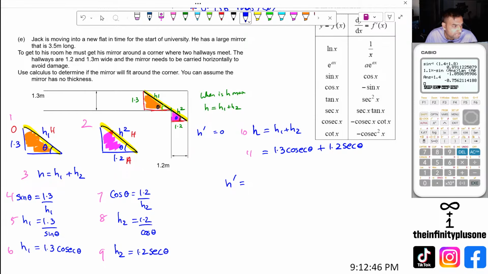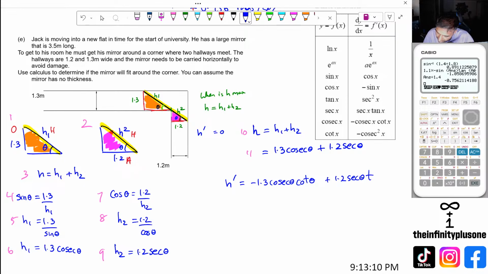All right, so I'm going to differentiate 1.3 cosec theta, which is going to be negative 1.3 cosec theta cot theta, and then 1.2 sec theta is going to become 1.2 sec theta tan theta.